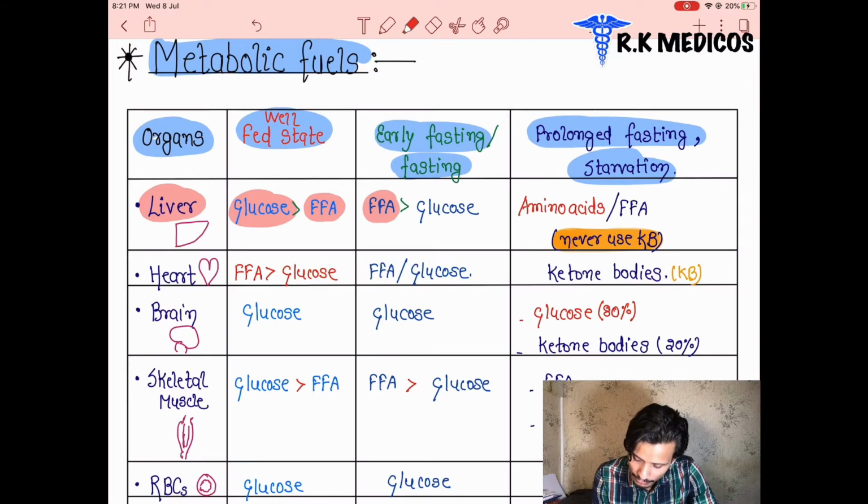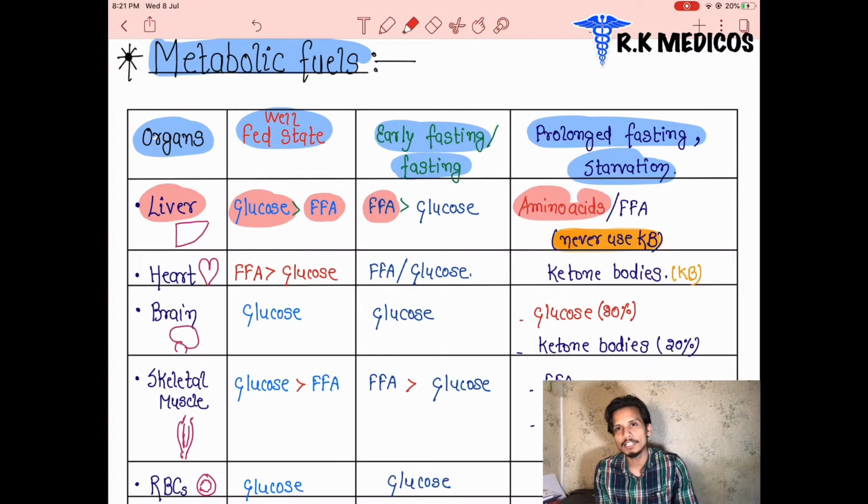In starvation it uses amino acids or free fatty acids. The liver never uses ketone bodies (KB) as an energy source. It never depends on ketone bodies for energy.